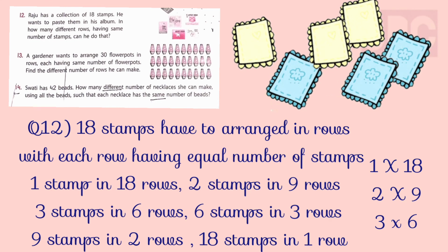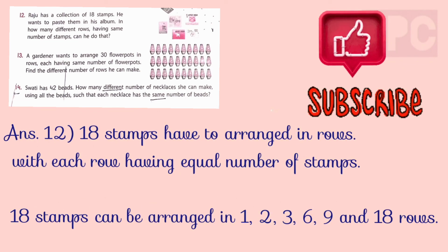So we can say that 18 stamps can be arranged in 1, 2, 3, 6, 9 and 18 rows with each row having equal number of stamps. Similarly, you have to do question number 13 and 14 as well.